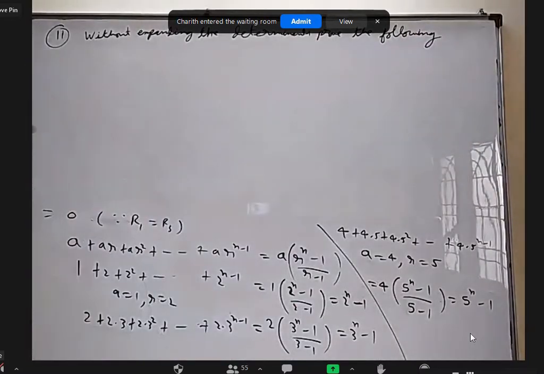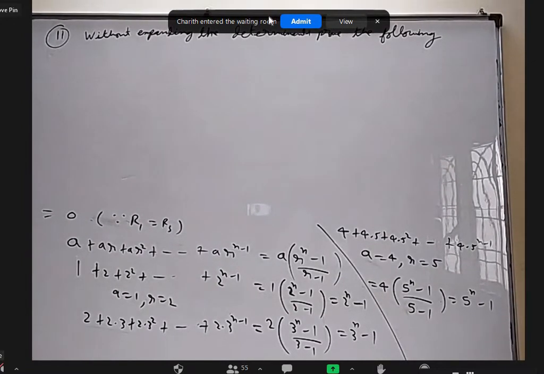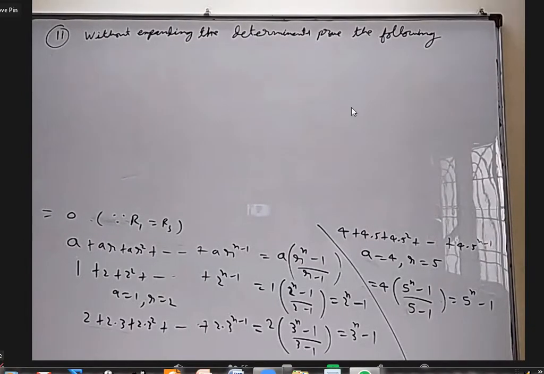Okay. So I'm going to give two determinants that are equal. Not that you simply expand fully the first one, fully the second one, and say they're equal. Not that way.